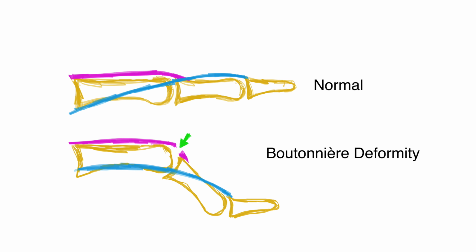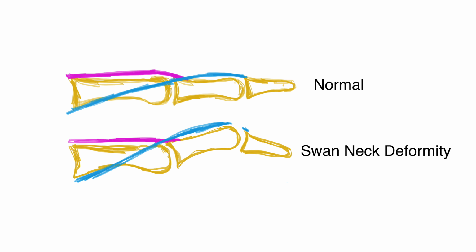Now, this is in contrast to a swan neck deformity, where usually the injury happens more distally at the level of the distal interphalangeal joint, causing an imbalance of the lateral bands again, which then causes the tendon to retract slightly, which then causes them to hyperextend the proximal interphalangeal joint as depicted here in this drawing.